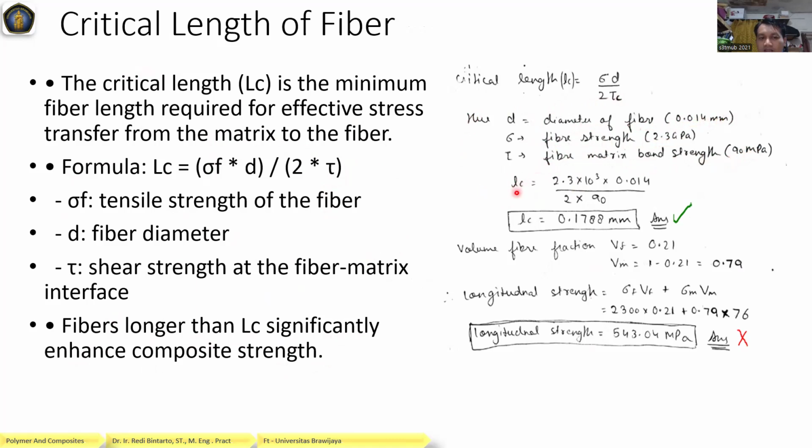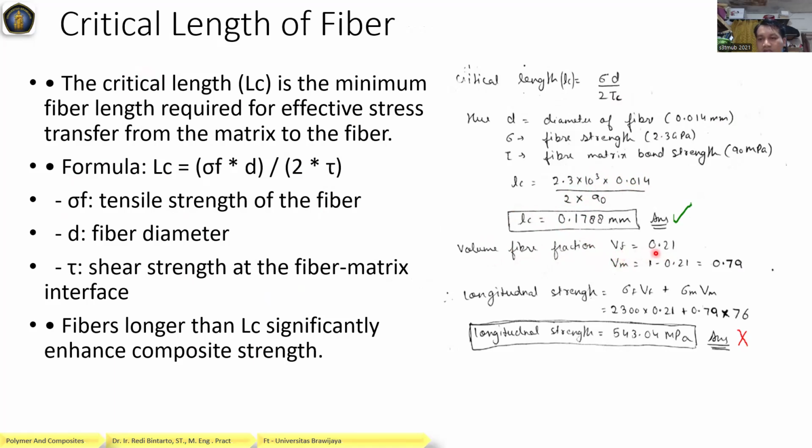So we can calculate the critical length: 2.3 times 10^3 times 0.014 over 2 times 19. So the Lc is 0.1788 millimeter. This is the critical length.